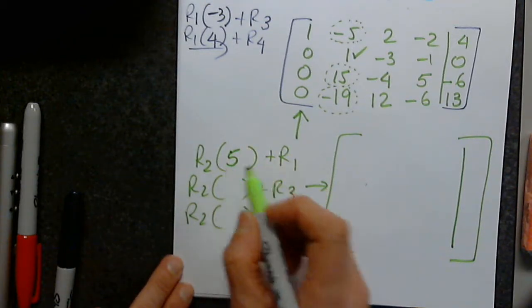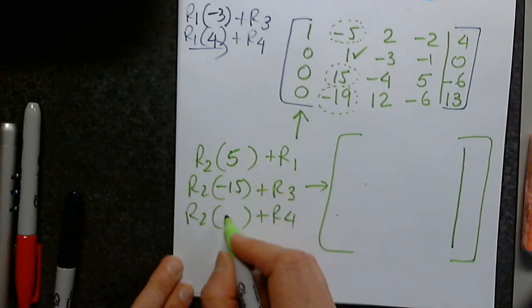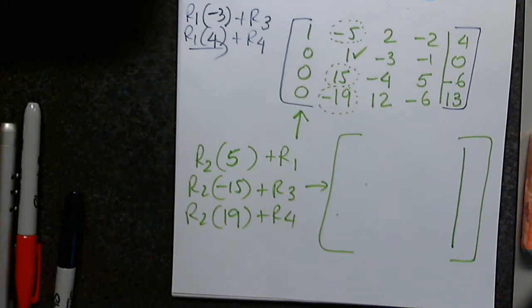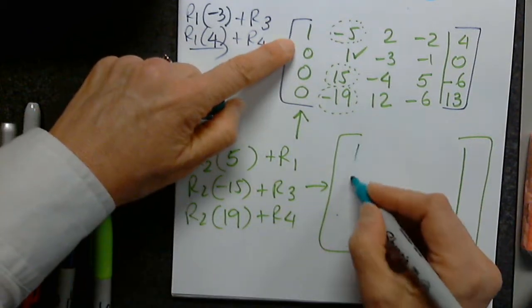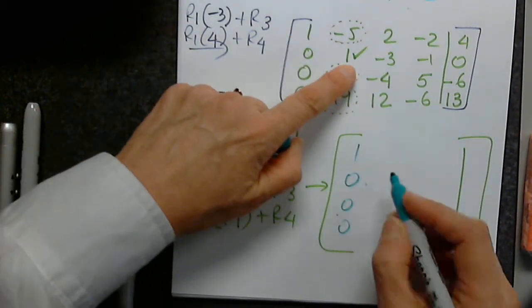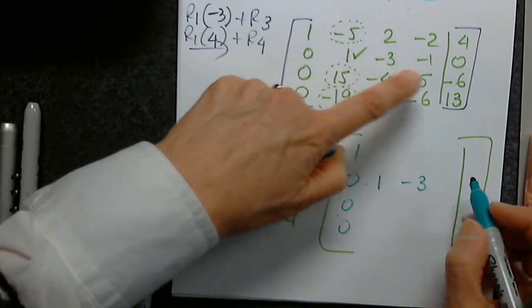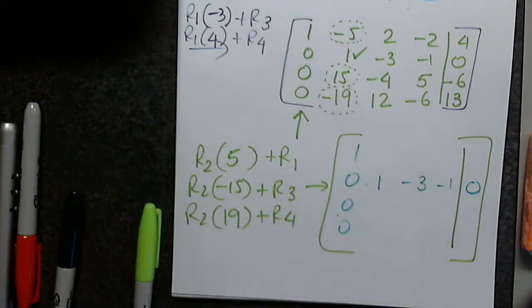Five indeed. Very good. Awesome. Any questions? I have to copy 1, 0, 0, 0, and I have to copy 1, -3, -1, 0. These are the only column and row that will not change right now.